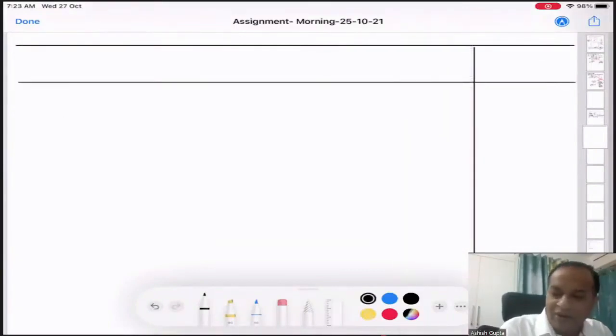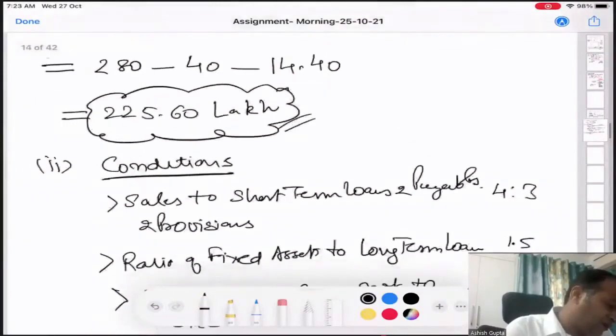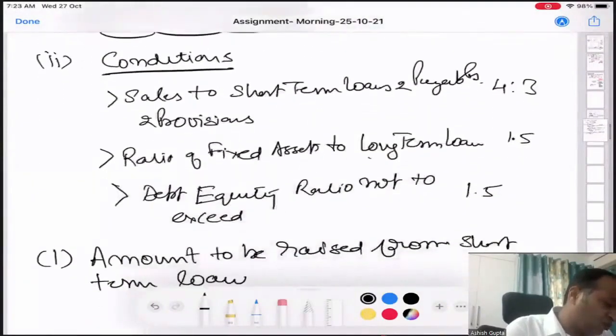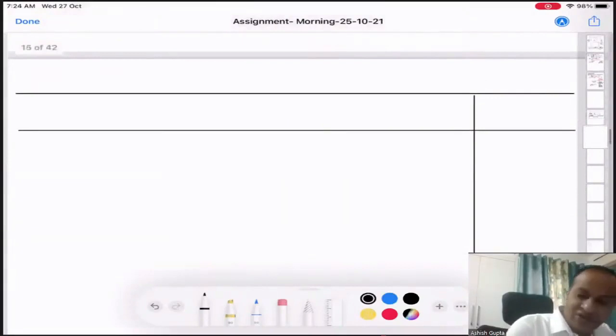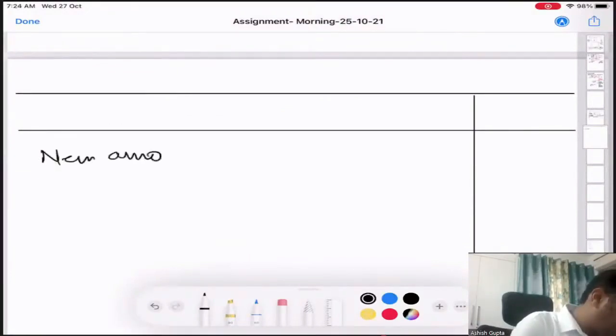Student, now here it says net fixed assets, and the ratio of fixed assets to long-term loans has been given to us. Oh, sorry, the first condition is short-term loan. Let us go by the first condition. New amount of short-term loan and payables.